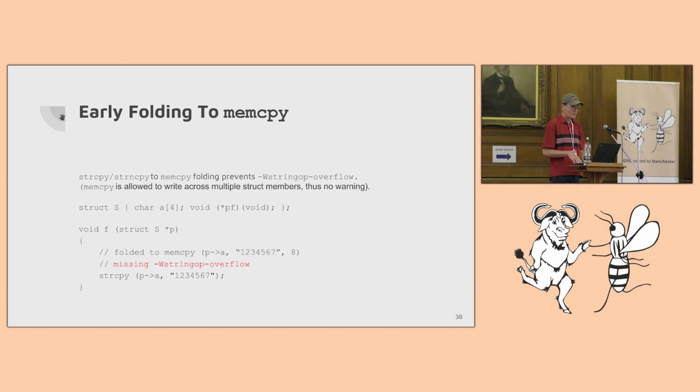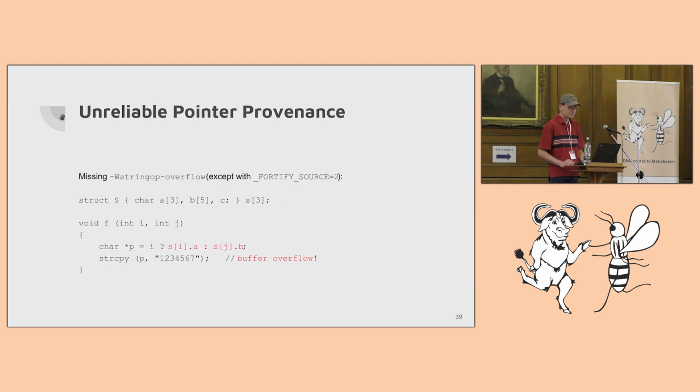And so by folding one to the other, we lose the ability to detect the buffer overflow, the overflow of the first element into the second member of that struct, which in this case I chose to be a function pointer to drive home the point that this is a potentially very serious security problem that we would like to be able to detect, yet as a result of the folding to memcpy, we are unable to.